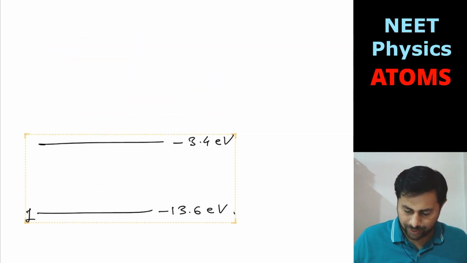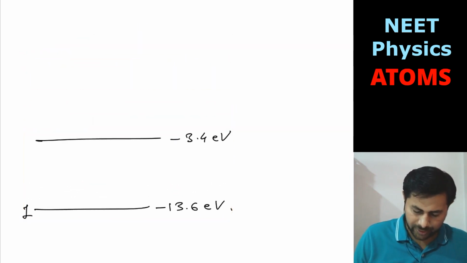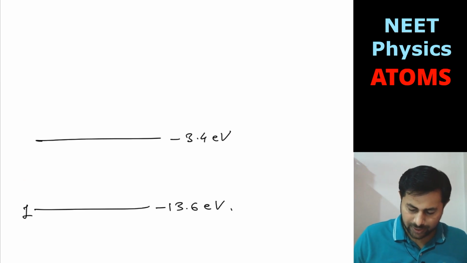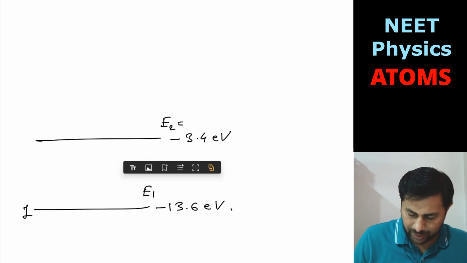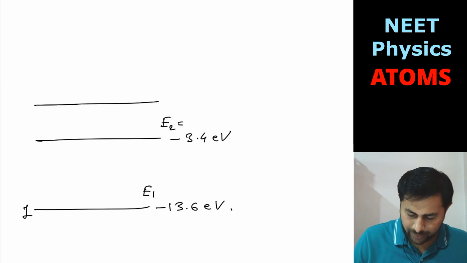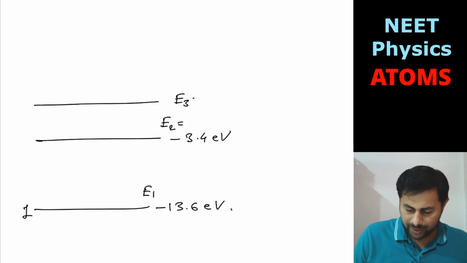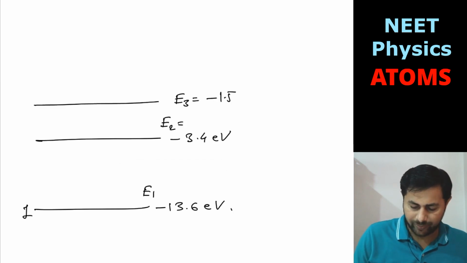This is E1, this is E2. Then what's E3? E3 is minus 1.5. What's E4?